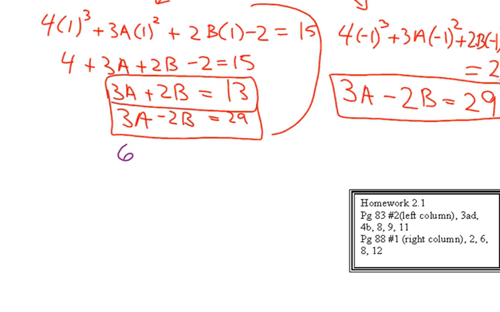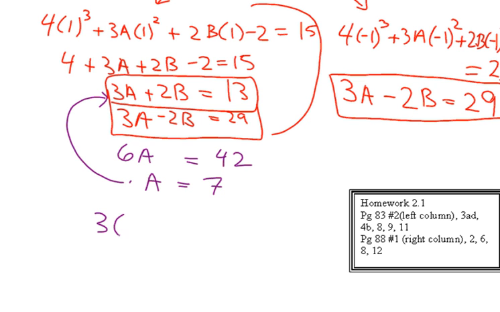I get 6a, and the b's are gone, and I get 42. I discovered that my a value must have been 7. And how do I get b now? Sub it back in. Let's pick the lucky equation with 13.